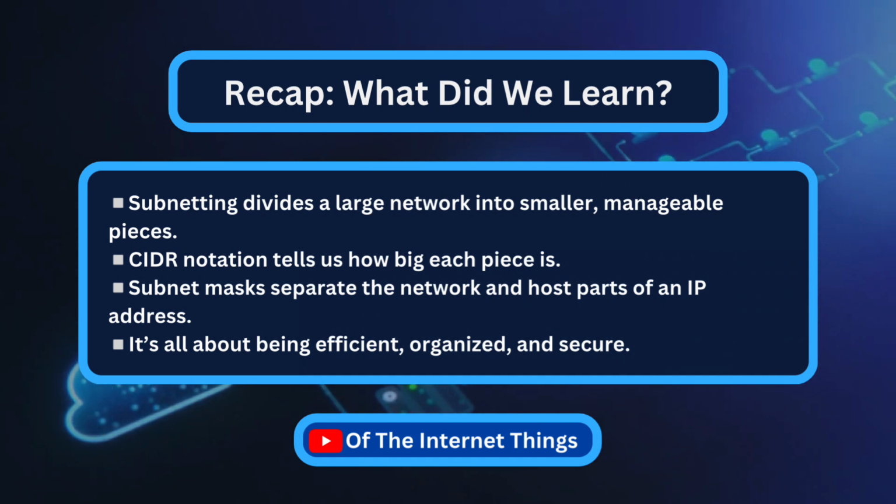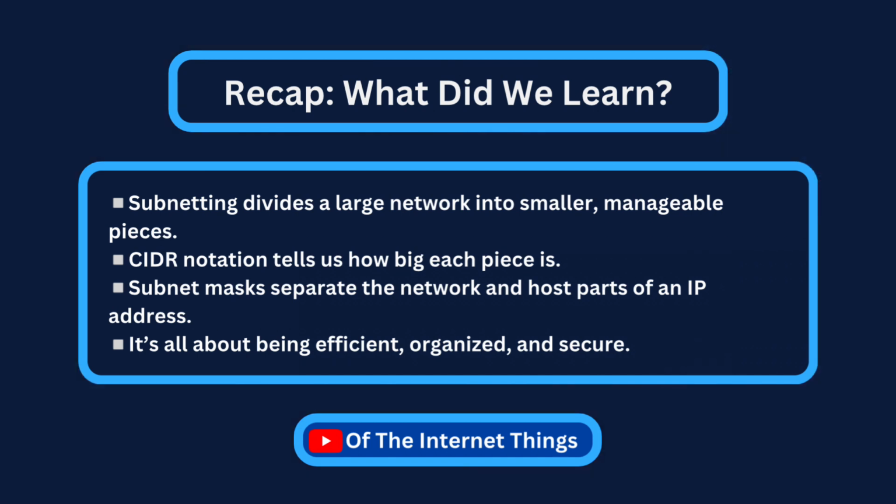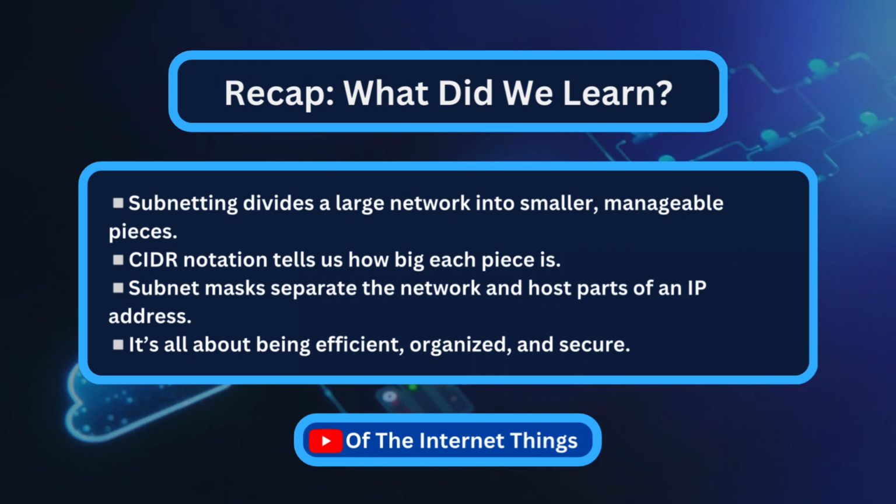Subnets communicate via routers or layer 3 switches using gateways and routing tables. Advanced methods like VLSM optimize space, while IPv6 simplifies subnetting with fixed /64 sizes and vast address space.